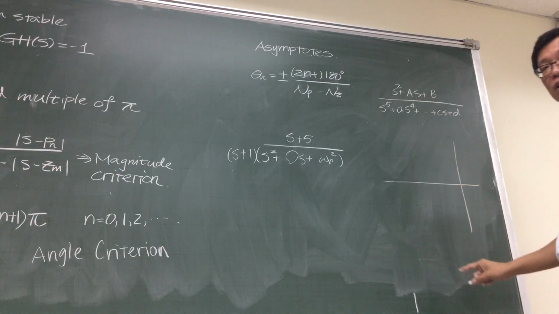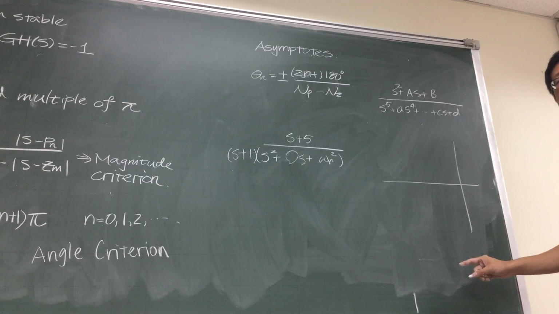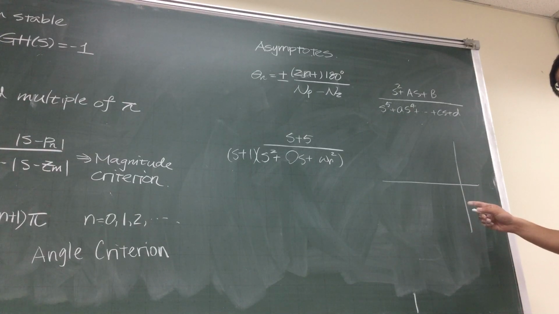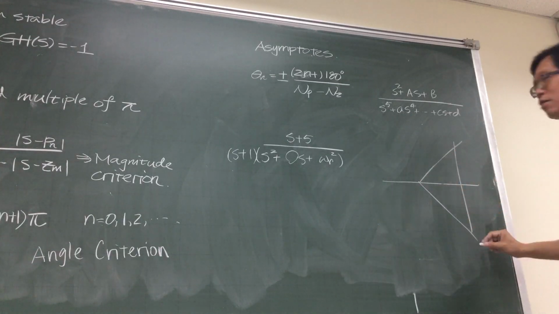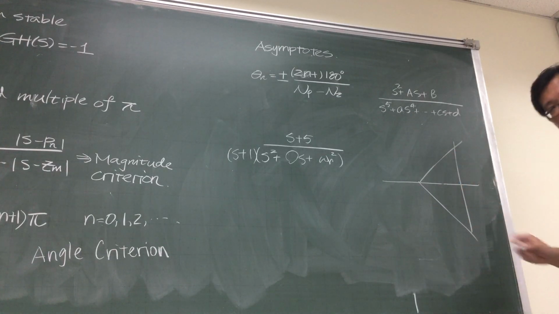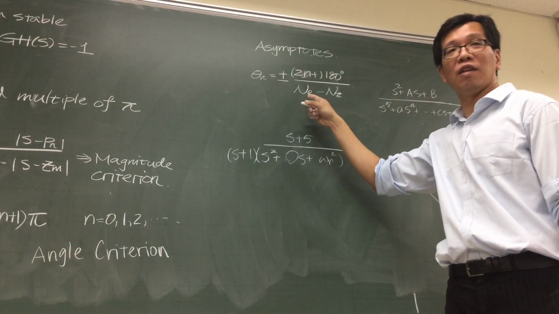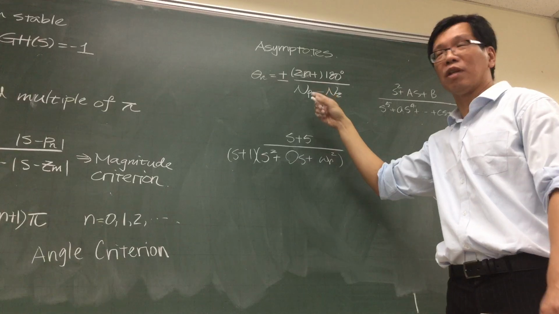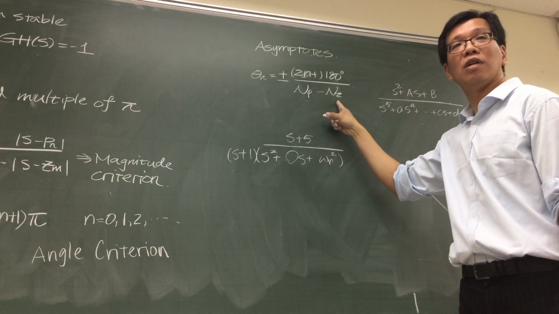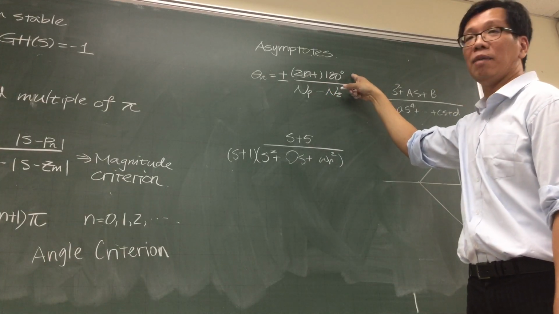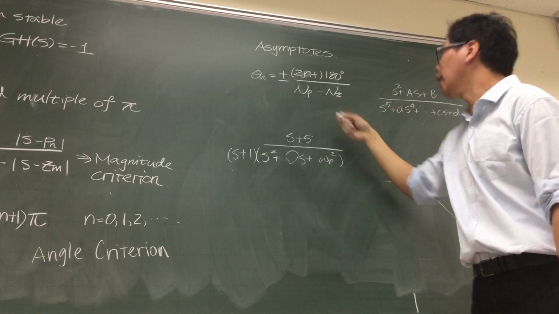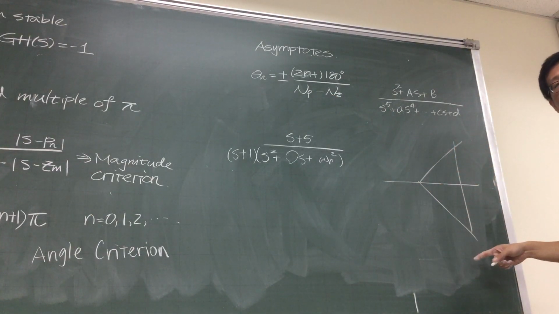Are you going to look at plus minus? No, right? You must be 60, negative 60, and 180. So it must be something like this. So rule number 1: calculate the difference between the number of poles and zeros, and divide 180 by the difference. Then determine what it's going to look like.